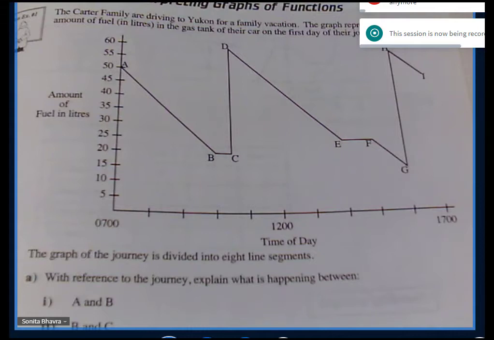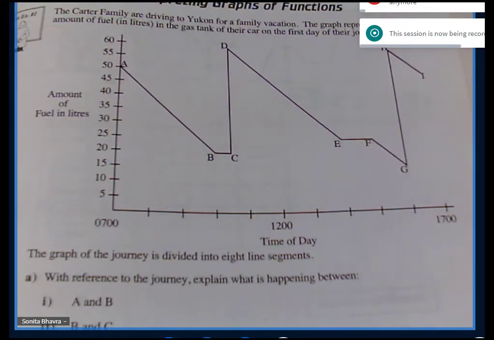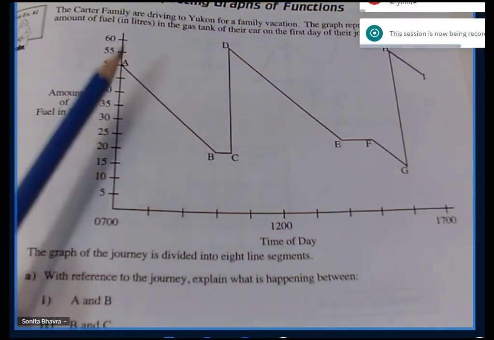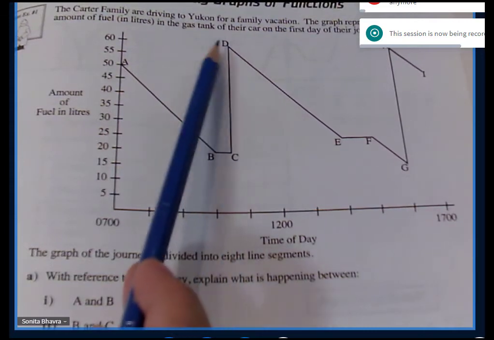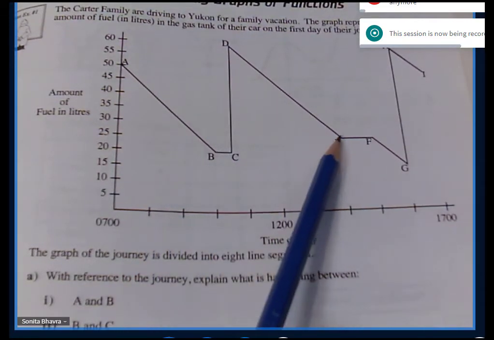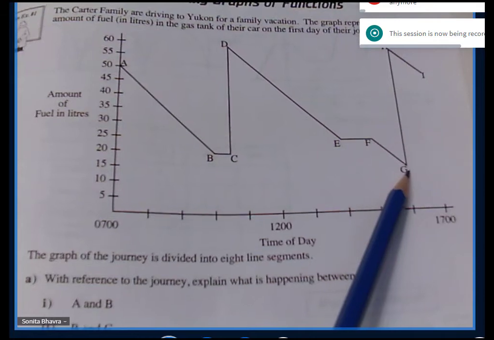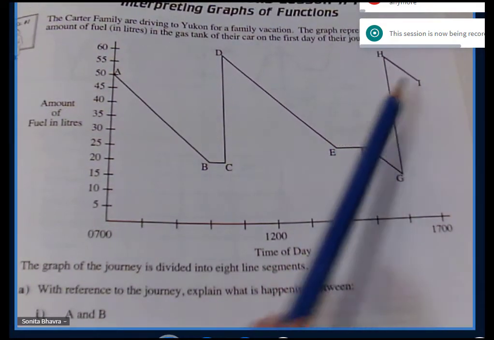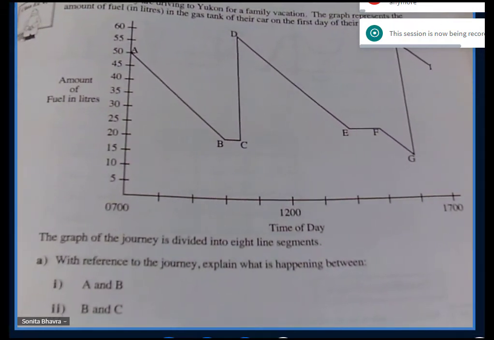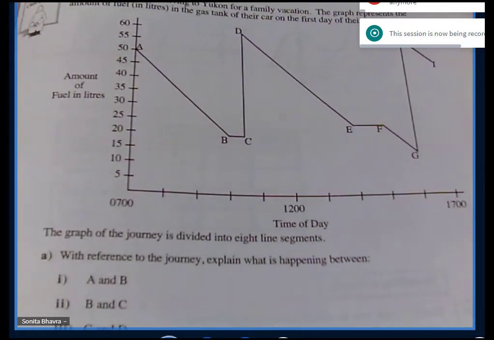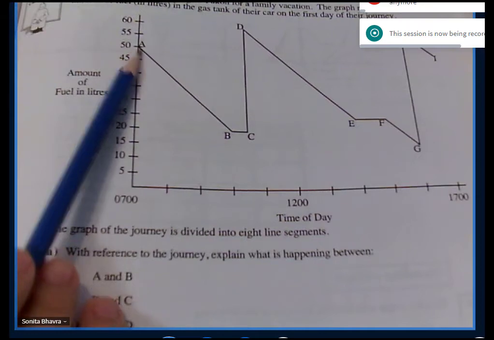And what we can see here is that this graph has been divided into segments, 8 segments in total, so from A to B, B to C, C to D, and then D to E, E to F, F to G, G to H, and then H to I. All right, so what we're going to do is explain what is happening in each of those segments, basically. So let's just start with A to B, what is happening.